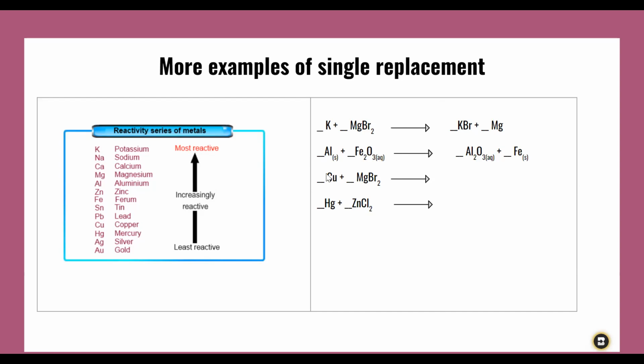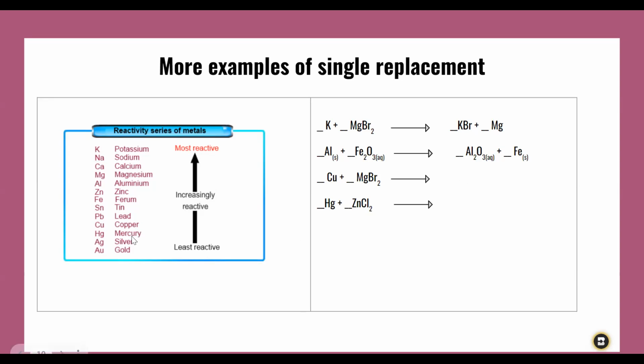Let's look at copper. Copper is right here. Can it kick magnesium out? No, so there's no reaction. Sometimes when you do an experiment and there's no reaction, it is because of this. The copper is not as reactive as magnesium, therefore, it cannot kick magnesium out. So no reaction will take place.